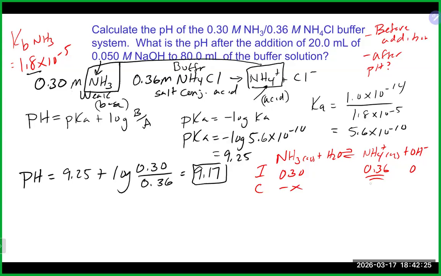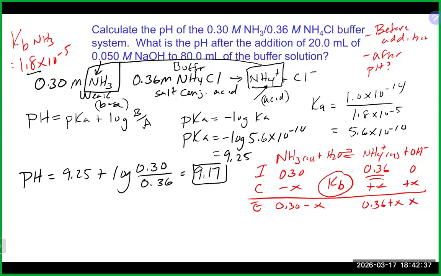Obviously minus X, plus X, plus X, and 0.3 minus X, 0.36 plus X, and X. This would go into your Kb. You would solve for X. It would be the hydroxide concentration in this case, giving you the pOH and then the pH.